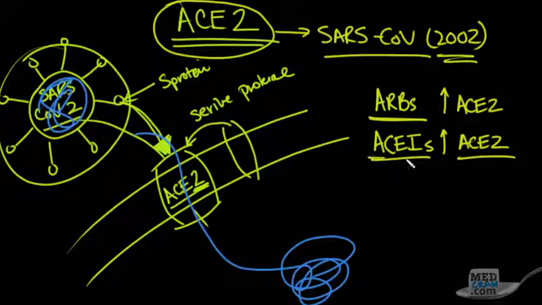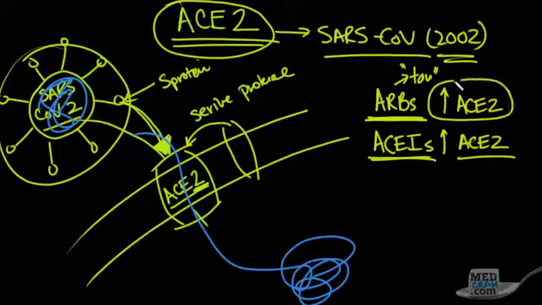So how do you know if you're on an ARB or an ACE inhibitor? Typically, ARBs end in "tan." So you might see this as losartan or irbesartan or candesartan. These are all "tans." They are angiotensin receptor blockers. We're going to talk more about what they do.